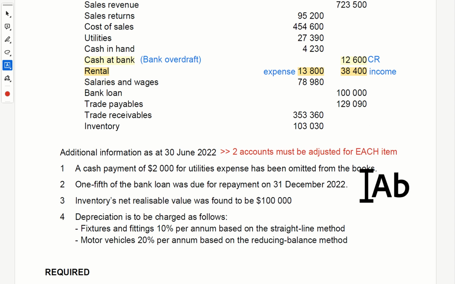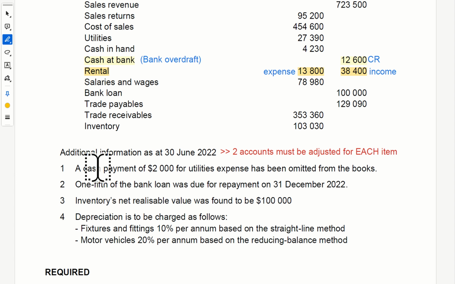That means if you are just adjusting one account and then moving on to the next additional information, that's not right. You have to go back and find two different accounts to adjust. So let's read the additional information and see how we should adjust for them.